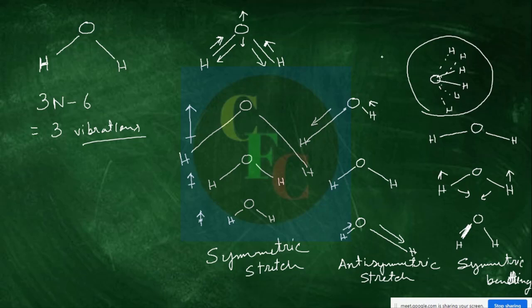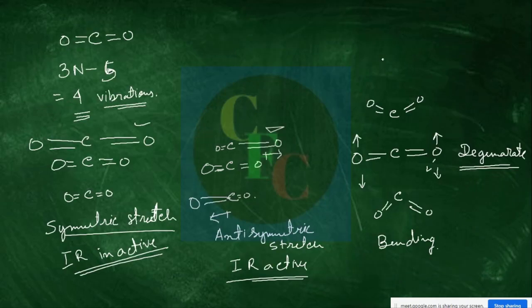But if the molecule is linear, then if it is out of plane, you cannot consider it as rotation anymore. As soon as it becomes linear, the rotation changes to vibration. That's why we have this extra vibration for these linear molecules. Okay.